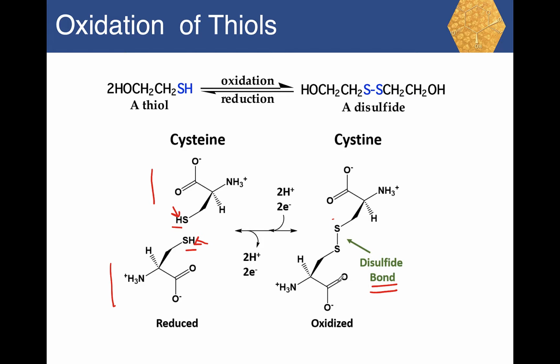Because as you will recall from your course in biology, this gives the cysteine oxidized form, and this is the cysteine reduced form as shown here. So that's one of the practical applications of the oxidation reactions of thiols.